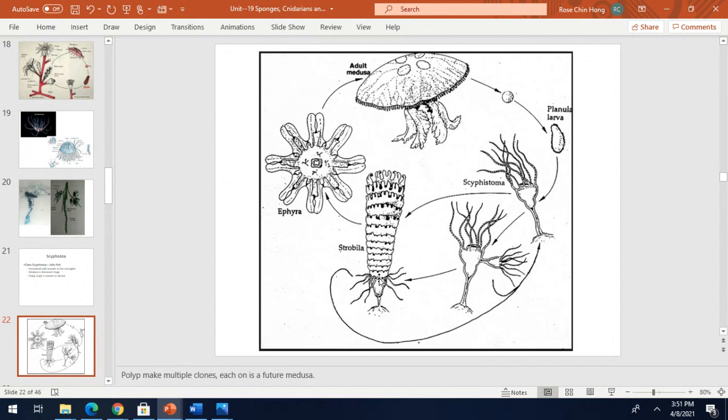It makes them from this base, this part here at the bottom, and then pushes them up, where you have more and more, and it stacks up until it is the young medusa, which is called ephyra. And then it disperses and goes about its life as a mobile medusa. All right, so this is our Aurelia. They just make clones of themselves.